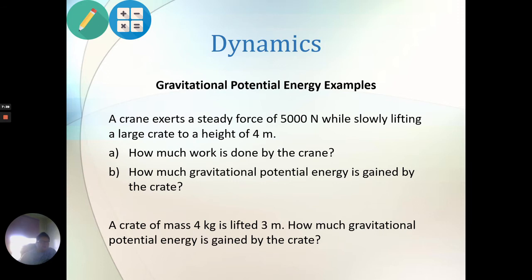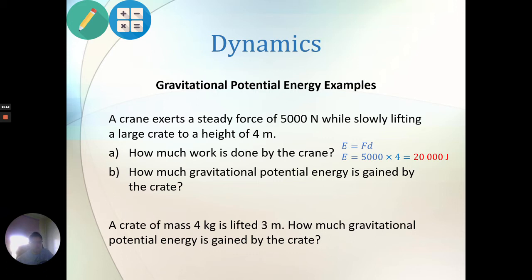A crane exerts a steady force of 5,000 newtons while slowly lifting a large crate to a height of 4 meters. How much work is done by the crane? Well, we're being told a force, and we're being told the distance it's travelled. Doesn't matter that it's height, we're still being told a force and a distance. So it's E equals Fd, and that gives us 20,000 joules. Now we're being asked how much gravitational potential energy is gained by the crate.